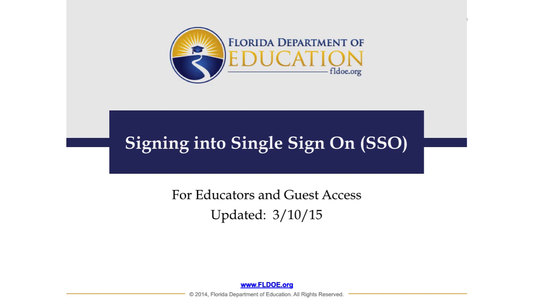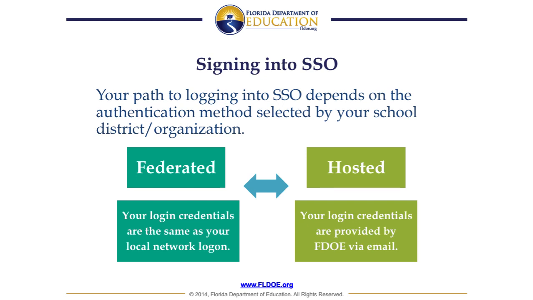Next, let's take a look at how to sign in to the WCG modules. When signing into SSO, there are two paths to logging in, the federated or hosted. Under the federated column, your login credentials are the same as your local network logon.